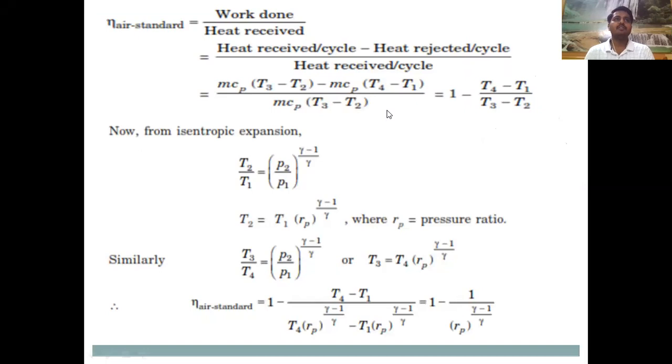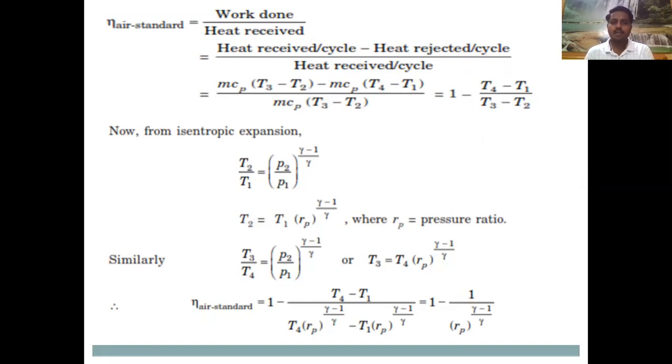Now, next slide is our formulas related with our Brayton cycle. The efficiency of our Brayton cycle is equal to work done divided by heat received. We know that work done is equal to Q1 minus Q2. Q1 is the heat received per cycle in our combustion chamber, and Q2 is the heat rejected per cycle in the cooler, divided by heat received.